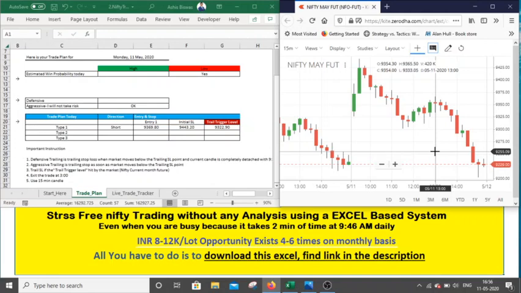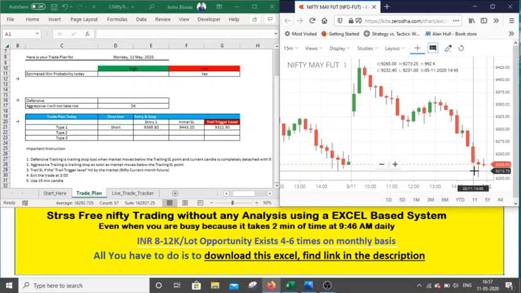This choice is completely up to you. But our exit is at 3 p.m. As you can see today at 3 p.m. the market was at the 9232 level, so there was almost 140 points profit today using this Excel sheet.